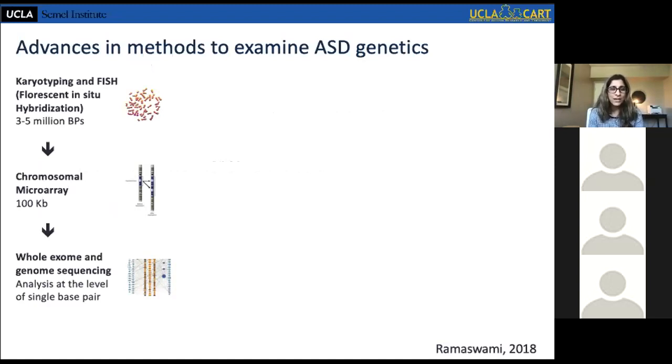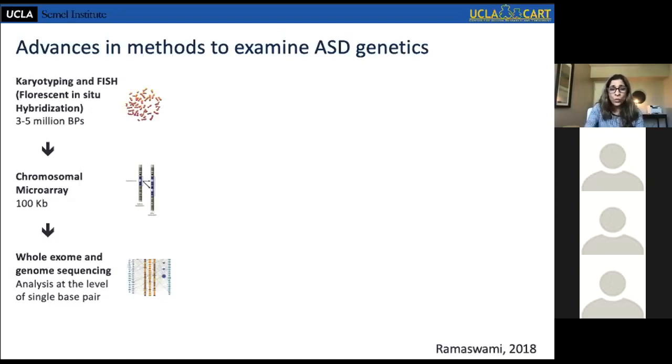We used to really just have the technology to look at the karyotype and to identify whether there were extra numbers of chromosomes, but that transitioned very quickly into chromosomal microarray technology, which allows us to identify areas of the chromosome that are either duplicated or deleted, and those copy number variants that we detect contain many, many genes. And then at an even more sophisticated level, we can now use whole exome and whole genome sequencing to identify mutations in single genes and single base pairs, again, in individual genes.